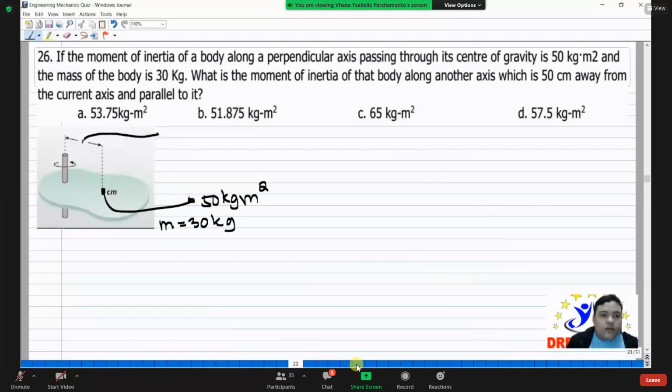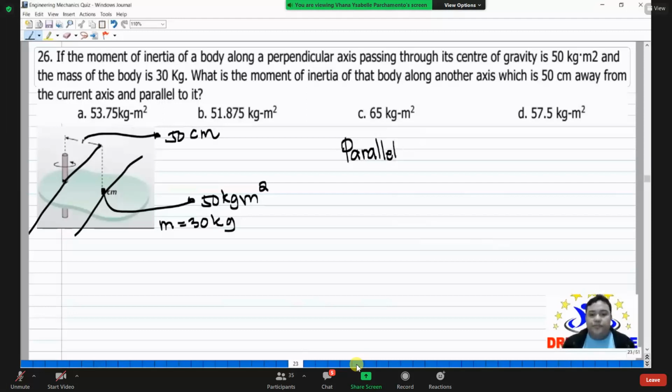Our distance from the center of gravity is 50 cm away from the current axis and parallel to it. So this axis is parallel to that axis. So this is the parallel axis theorem.